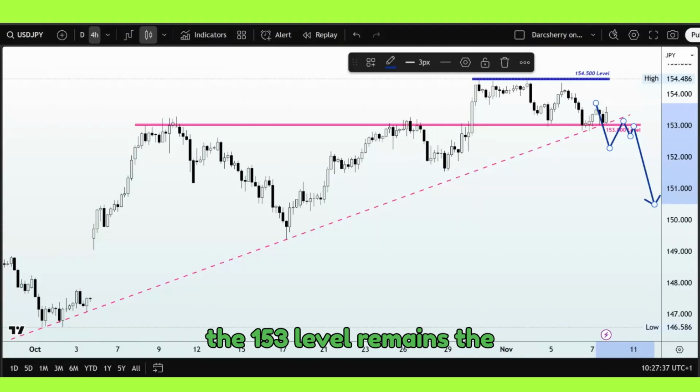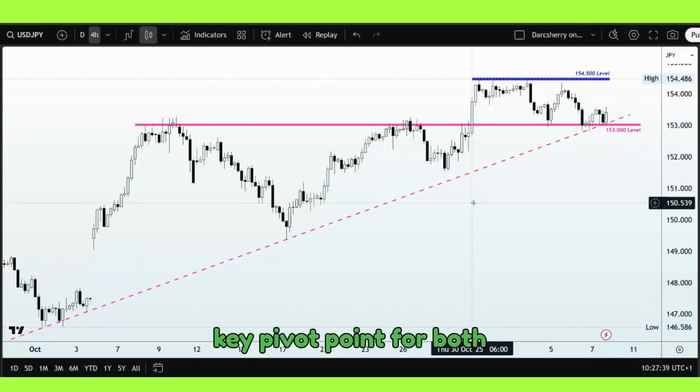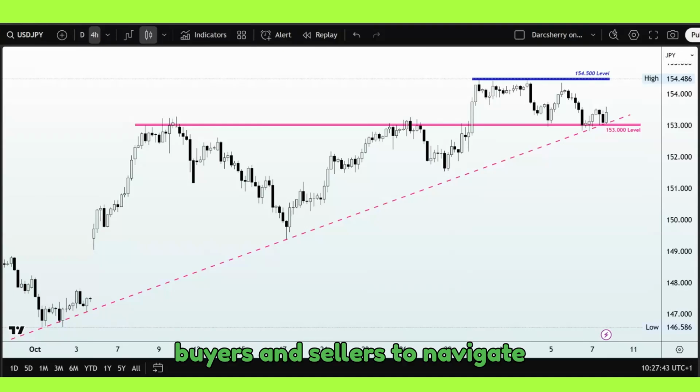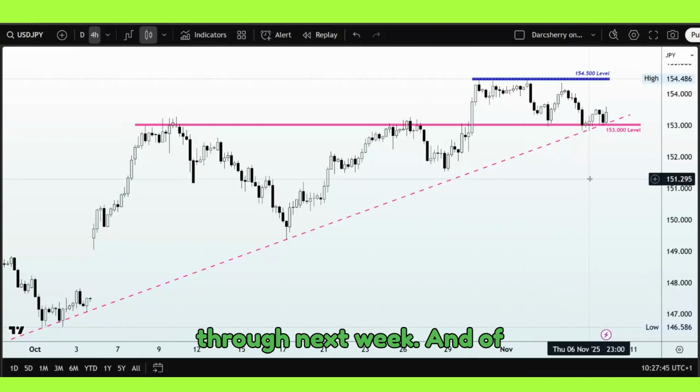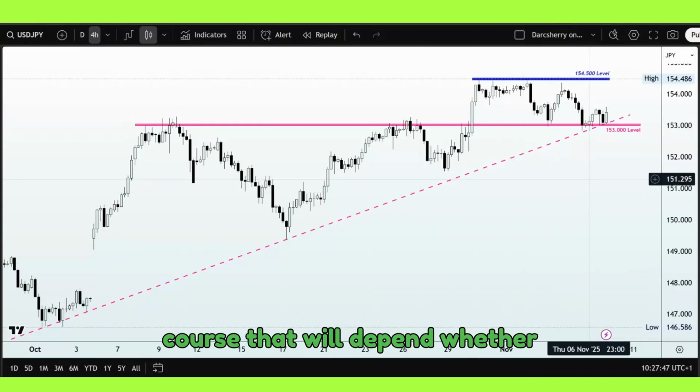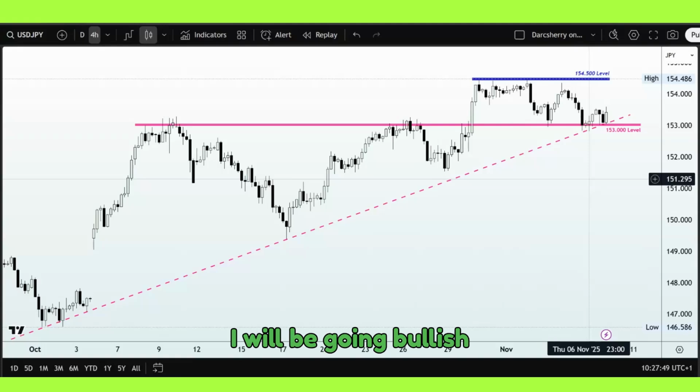So the 153 level remains the key pivot point for both buyers and sellers to navigate through next week. And of course, that will depend whether I will be going bullish or bearish.